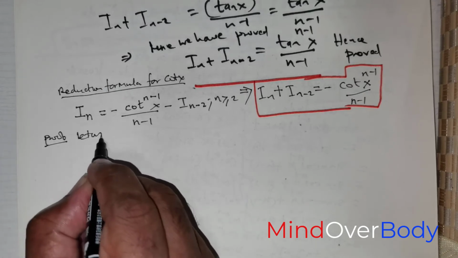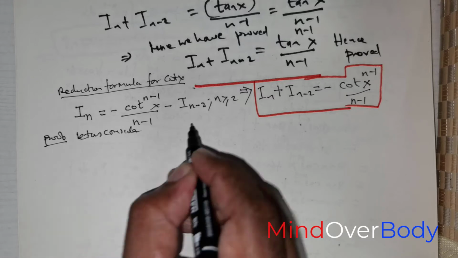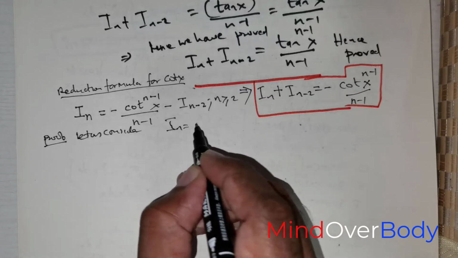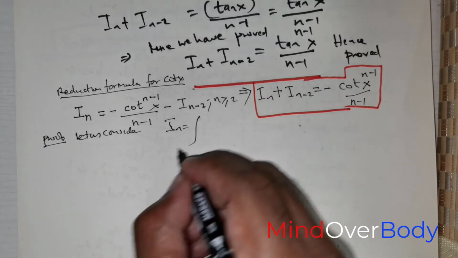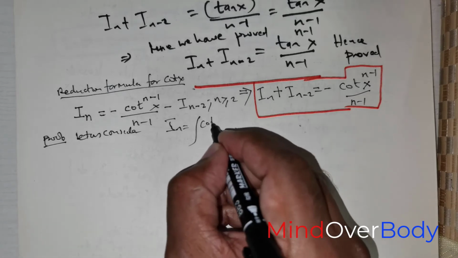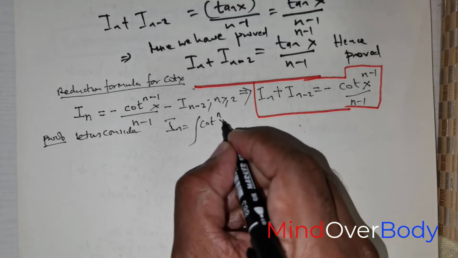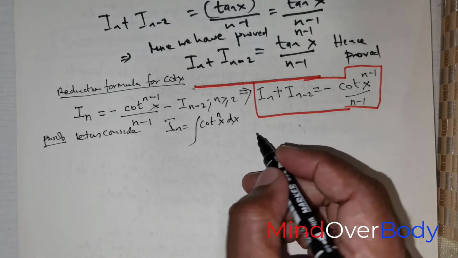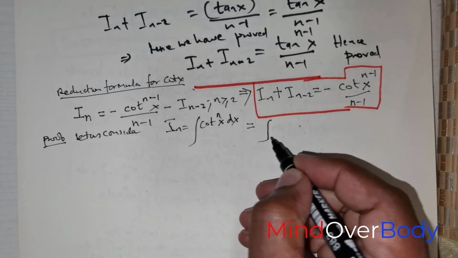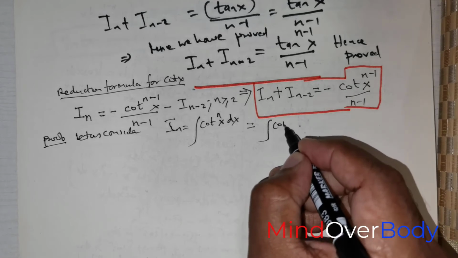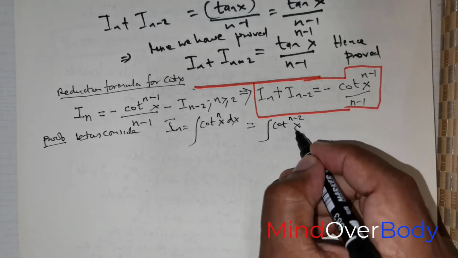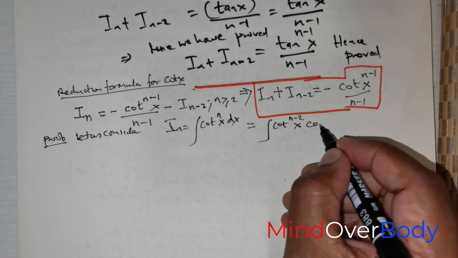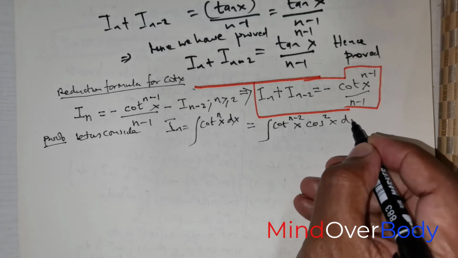So let us consider I suffix n to be equal to integral of cot nx times dx. Now we can rewrite this as integral cot raised to the power of n negative 2 x times cot squared x dx.